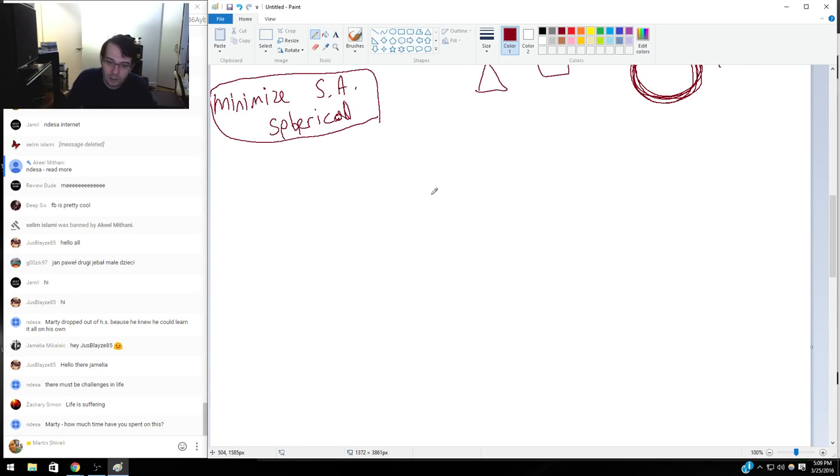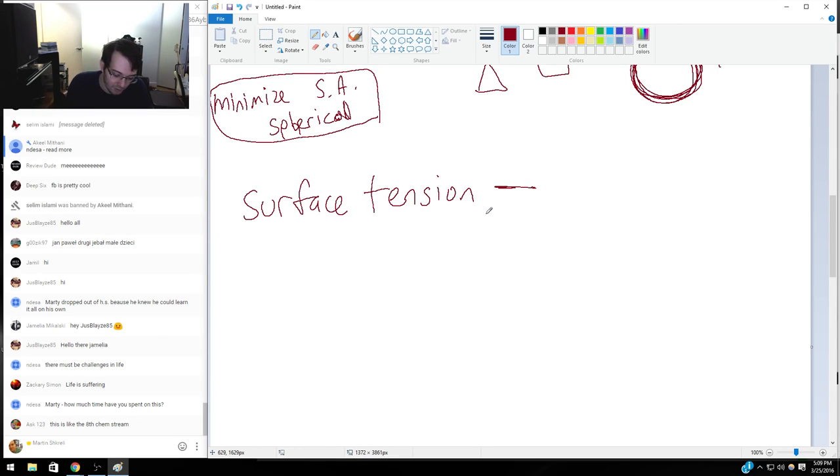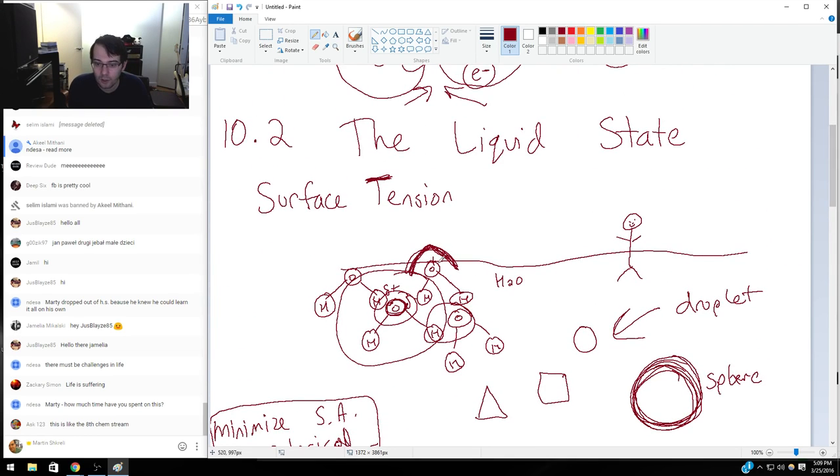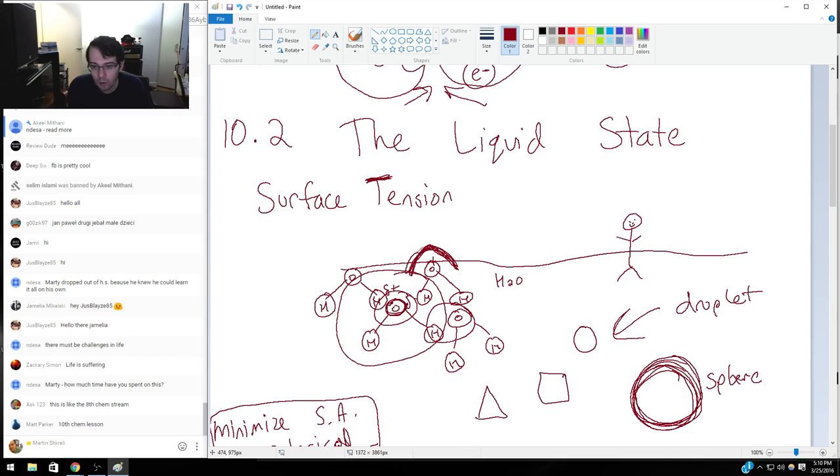And we're going to use this concept a little bit further. So one of the things that we'll learn is this concept of surface tension. Surface tension is the resistance of a liquid to increase its surface area. Again, liquids don't want to do that. They want the lowest surface area possible because increasing your surface area requires more energy.